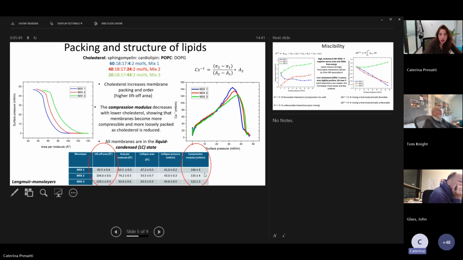This value also provides information about the physical state of the membrane, and it falls in a range between 100 to 250 millinewton per meter, meaning that these membranes are in the liquid condensed or liquid ordered state. This is precisely the regime associated with the cholesterol-sphingomyelin-rich lipid rafts in biological membranes.